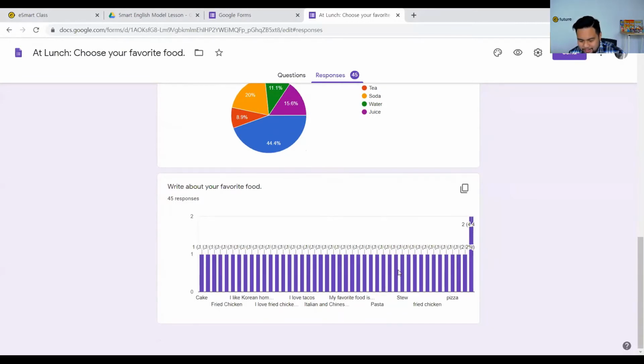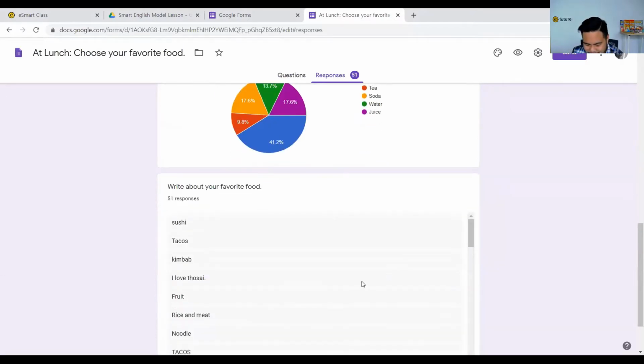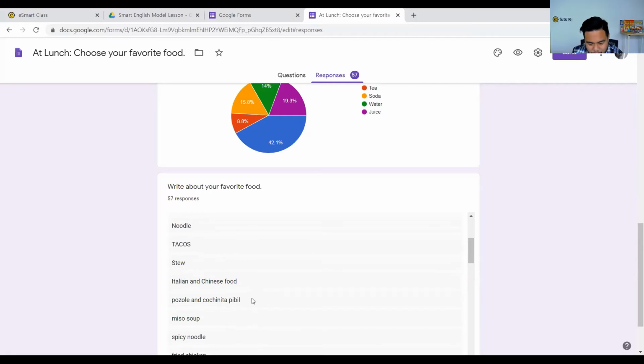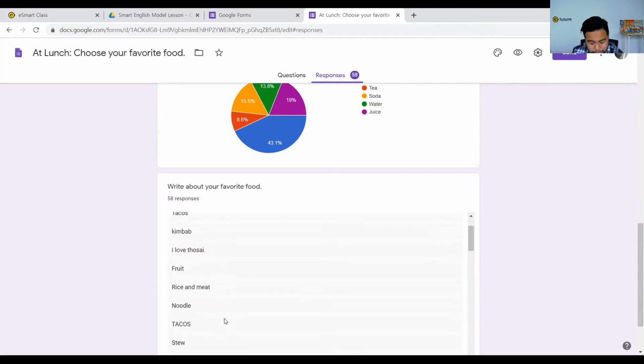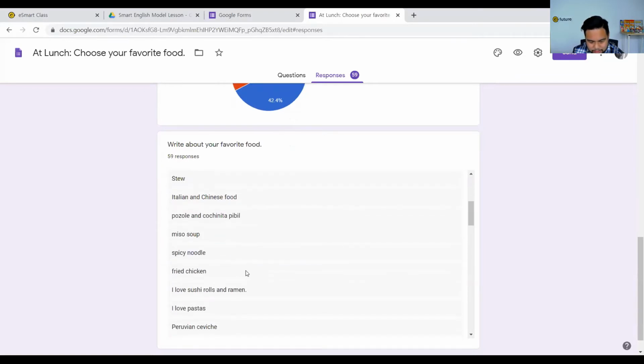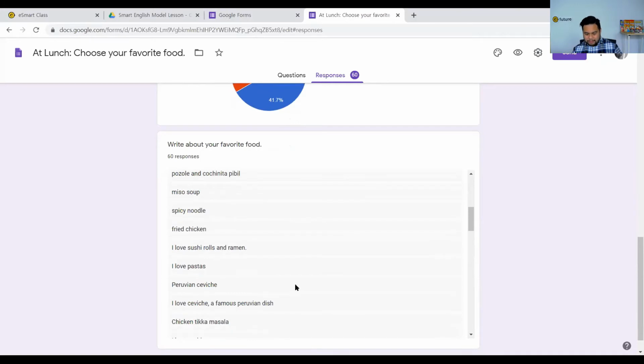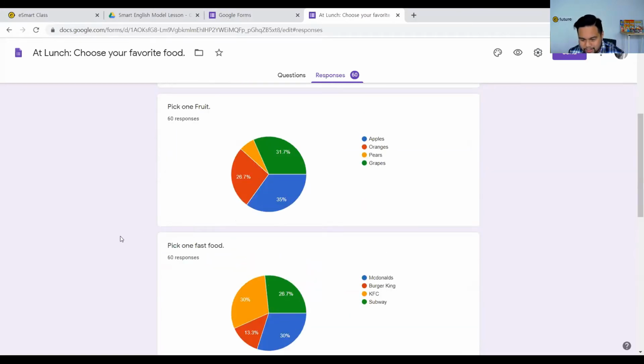This is something you can do with your students, a different way to use Google Forms. I just want to see what everyone's responses are. Looking through, we have kimbap, pozole, ooh, miso soup, good spicy soup, ceviche, Peruvian ceviche. Ooh, chicken tikka masala. It's a wide variety.